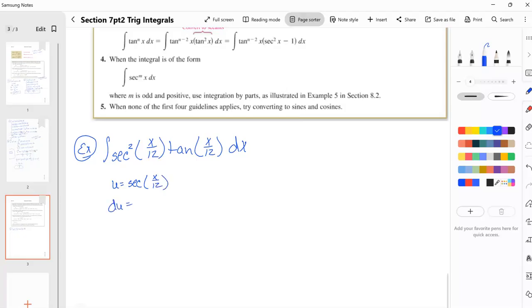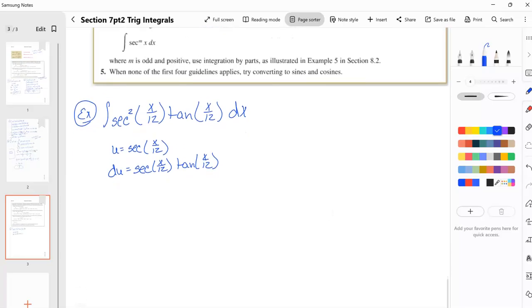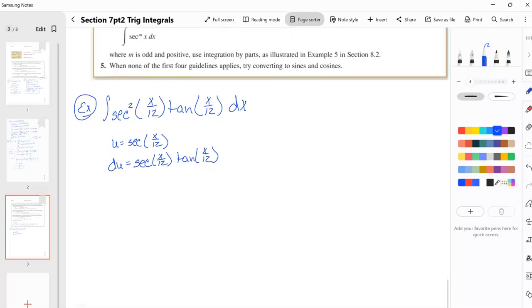If that's u, the derivative of the secant would be secant tangent. So we could think about rewriting this as secant x over 12 times secant of x over 12 times tangent of x over 12 dx. So you can see how that's my u.